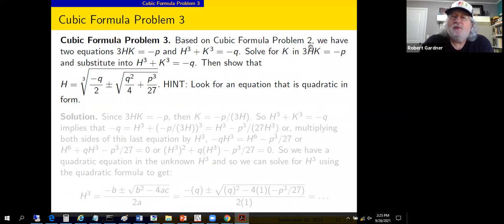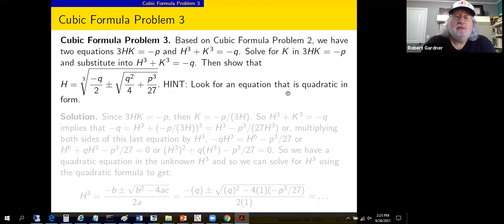Based on cubic formula problem number 2, we have two equations. We had 3hk equals negative p. We had h cubed plus k cubed equals negative q. They say solve for k in 3hk equals negative p and substitute it into this equation. Then show that h is of this form. I'll give you a hint.